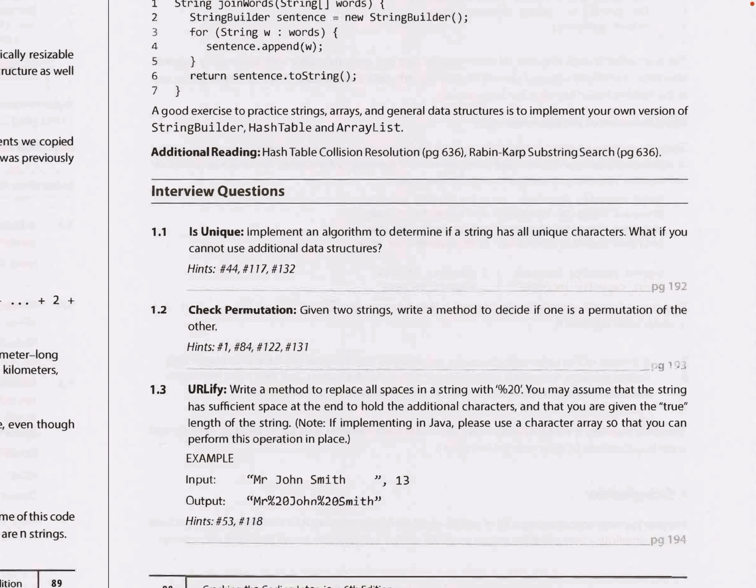We want a method to replace all spaces in a string with %20, the encoded one. You may assume that a string has sufficient space at the end to hold additional characters and that you're given the true length of a string. Note that in Java, use a character array so that you can perform this operation in place. Okay.